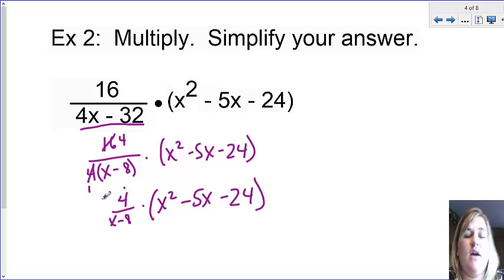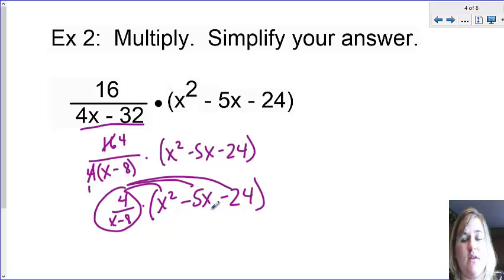And all I have to do now is distribute this to everything on the inside. Now this one is a fraction, this one is not. I can change them to a fraction by putting them over 1.